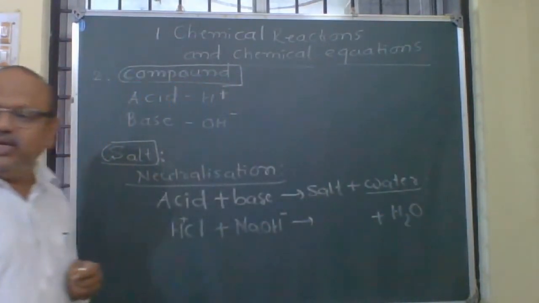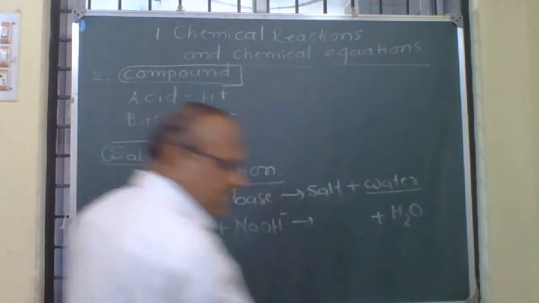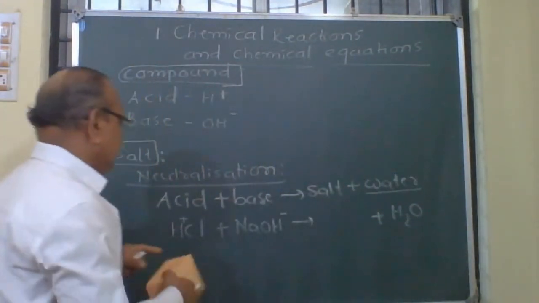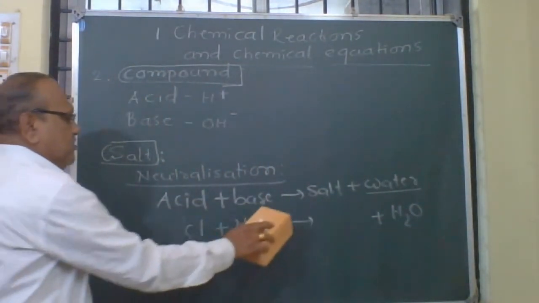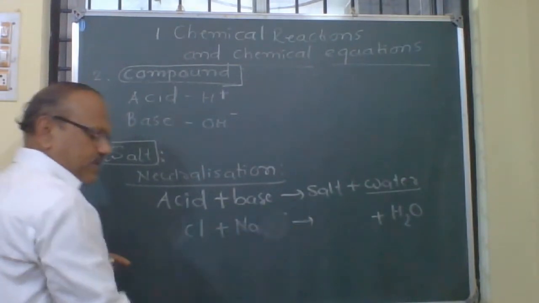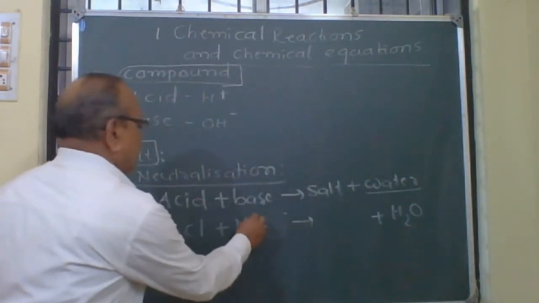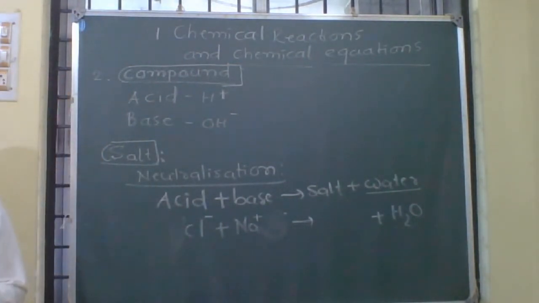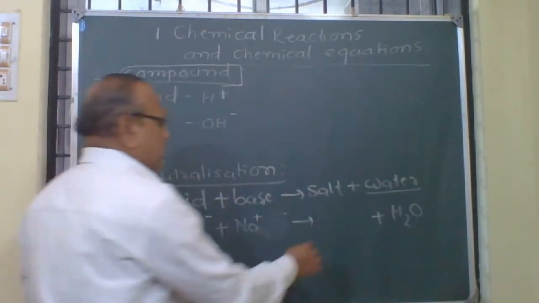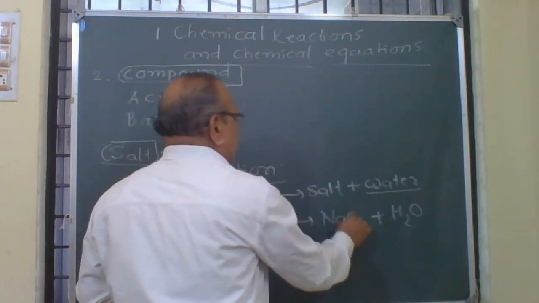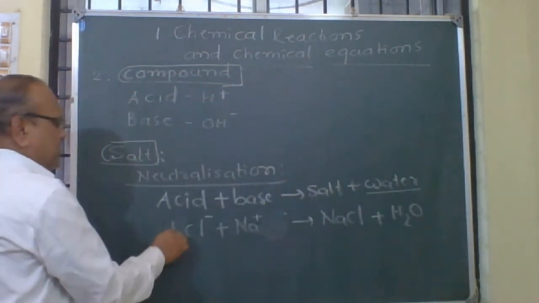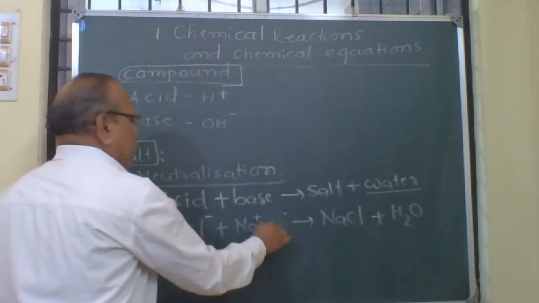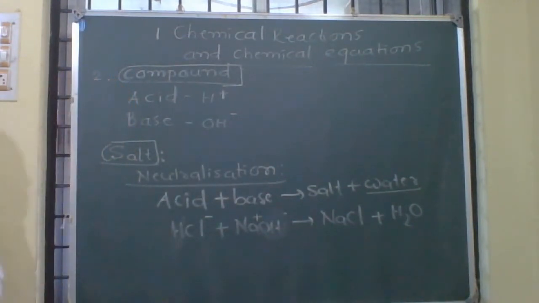The H plus ion and OH minus ion are gone. You are left with the Na plus ion and the Cl minus ion. The Na plus and Cl minus ions combine forming the salt, the simplest salt you use at home. This reaction we call a neutralization reaction.